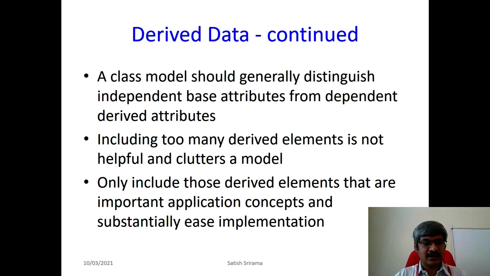In fact, it confuses us and clutters the model a lot. So you have to include only those derived elements that are important for the application concepts themselves, or, say, those that substantially ease implementation, and then you can use such a derived element in your model.